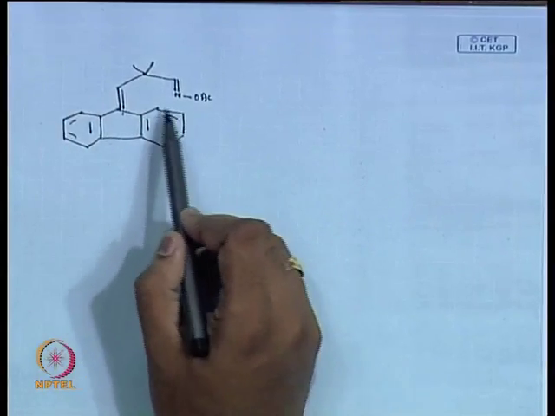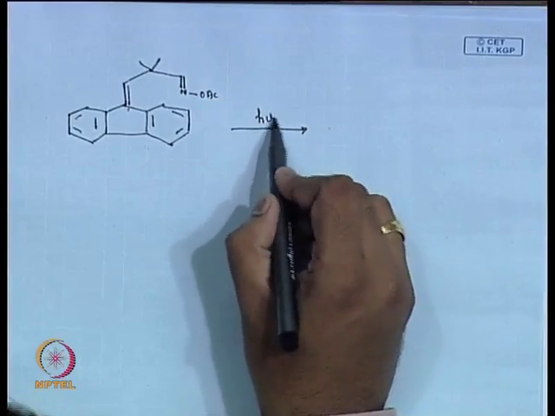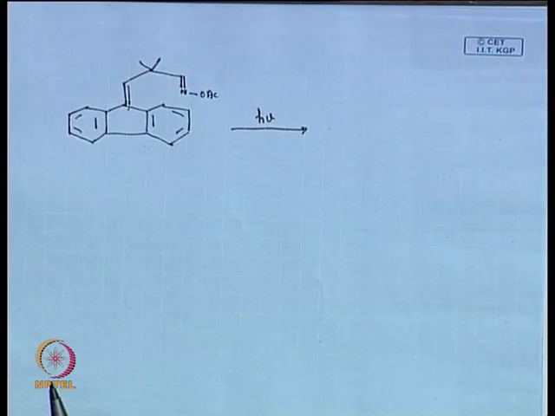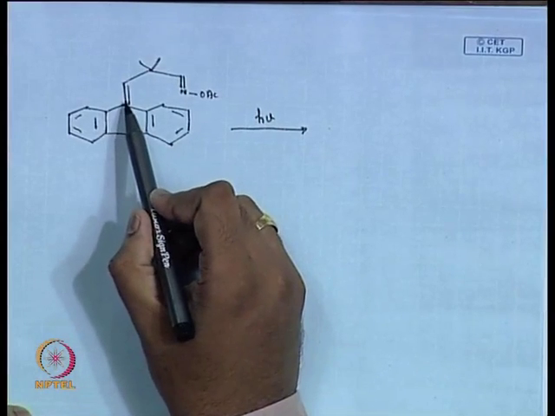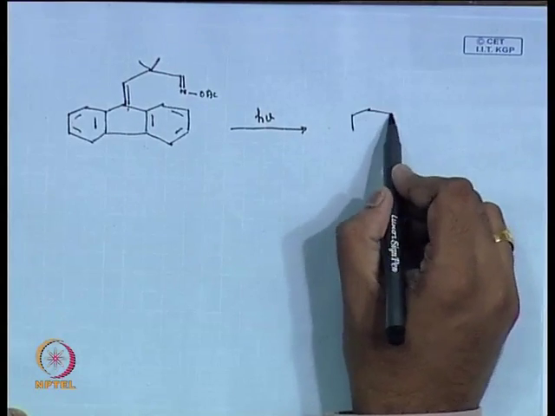This moiety? Without this? Fluorenone, right? So, this does a nice di-π-methane rearrangement. So, what product can you write? Just write the product directly. So, you get a... do you want me to write the product?